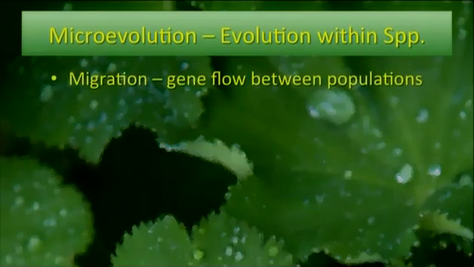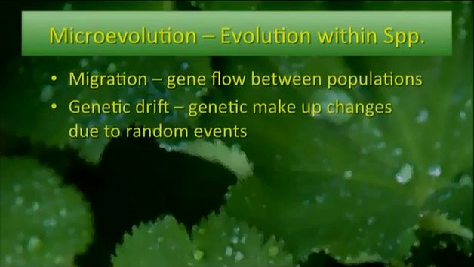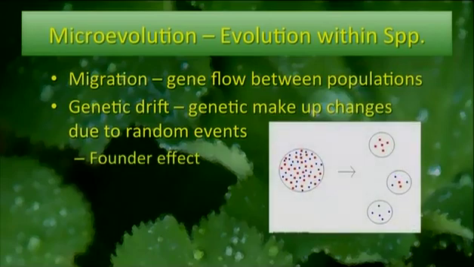Okay, so you can have migration, which allows for gene flow between populations. Okay, we can also have in microevolution genetic drift. Genetic drift means that the genetic makeup changes due to random events, such as the founder effect.